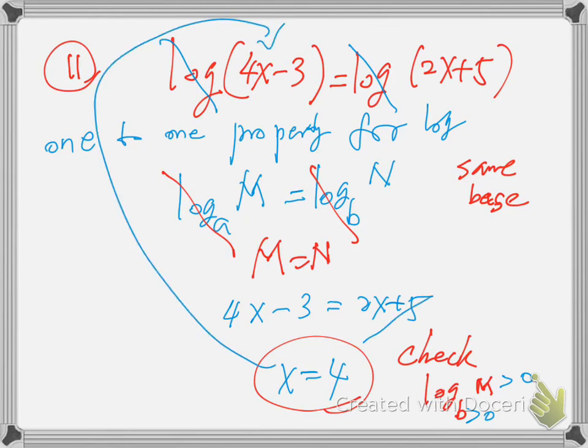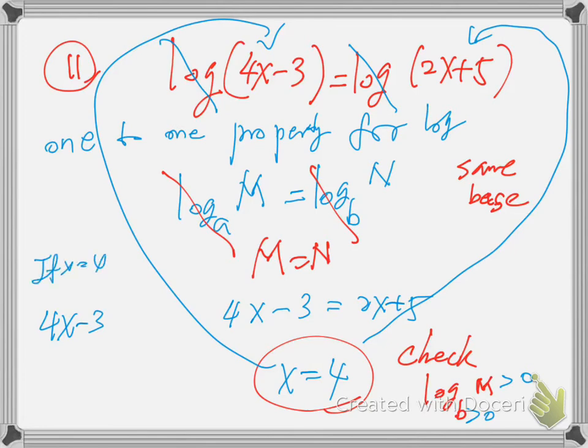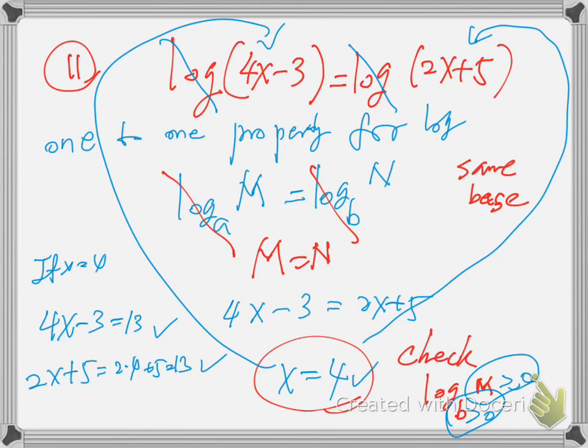You just check these two parts inside the log. 4x minus 3, if x is 4, is 16 minus 3, which is 13, positive, so it's okay. 2x plus 5 is 2 times 4 plus 5, which is 13 again, positive. Then this is the right answer. You have to check your answer for every log. Make sure the base is positive and the power inside the log notation is positive.